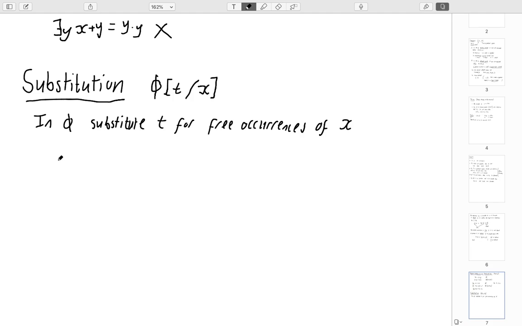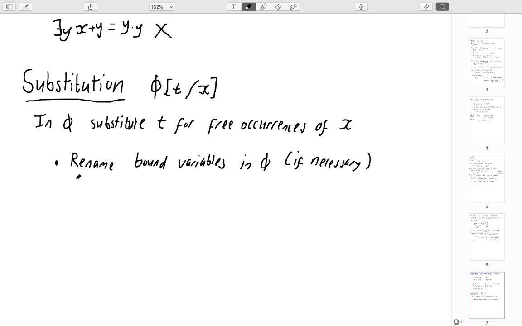So step one is rename bound variables in phi, if necessary, so including where they appear in the quantifiers, so they are different from x, and from all variables in t.